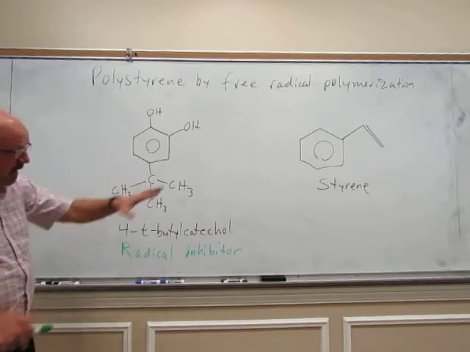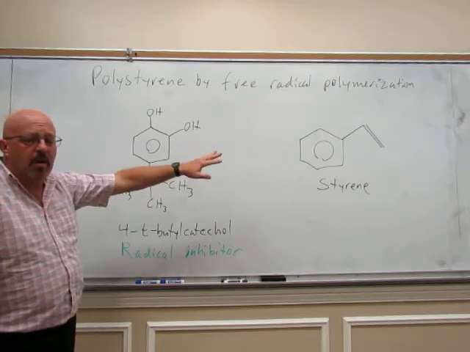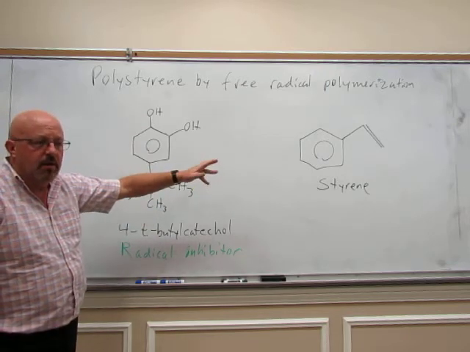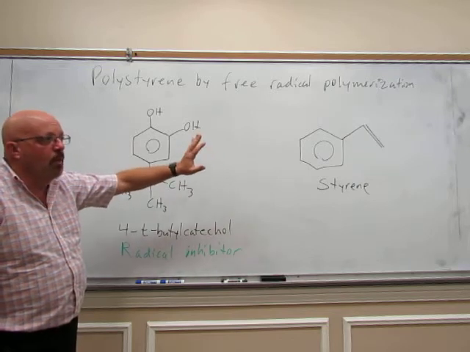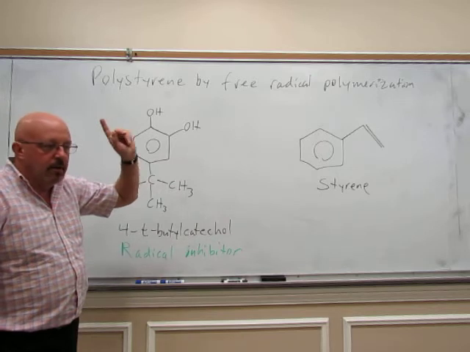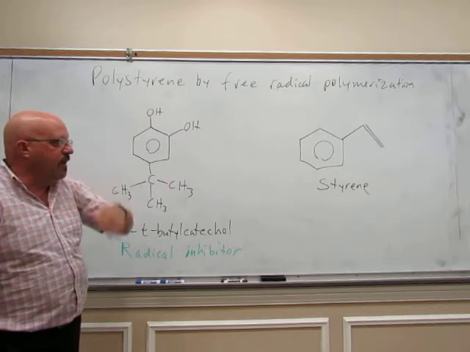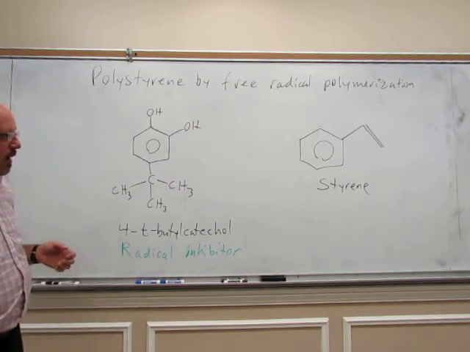When you purchase styrene, it will contain this radical inhibitor because styrene will polymerize very easily on its own. It will find a radical somewhere that will get it started. You only need a small amount, just one radical is enough to get it going, and it will polymerize.